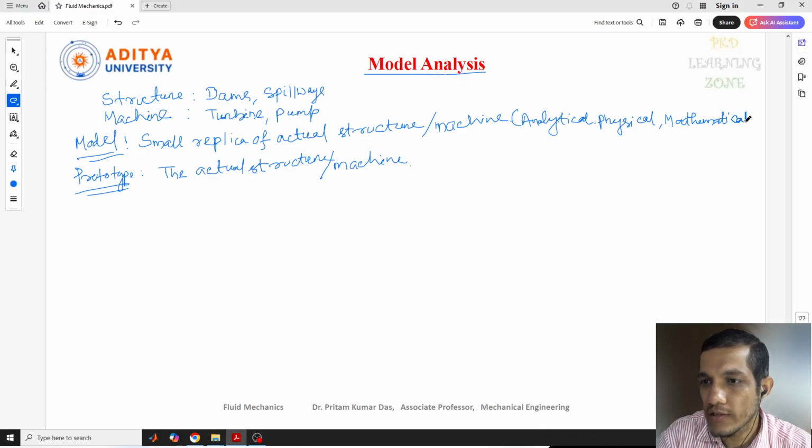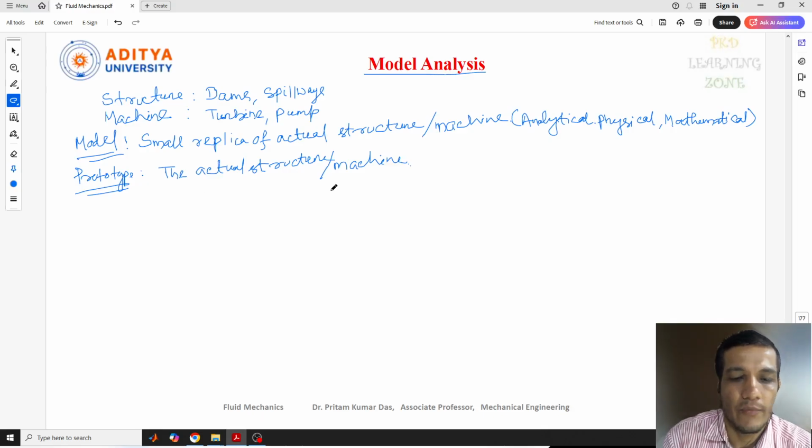So these are the things that can be considered under the model type. But for the prototype, we need to develop some kind of actual structure before going to the original one, or before going to the real development of a structure or machine. So that is the prototype.